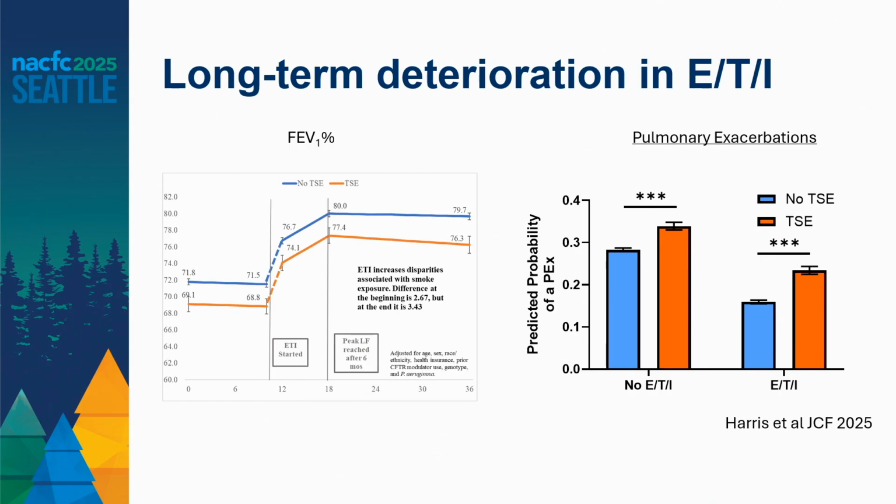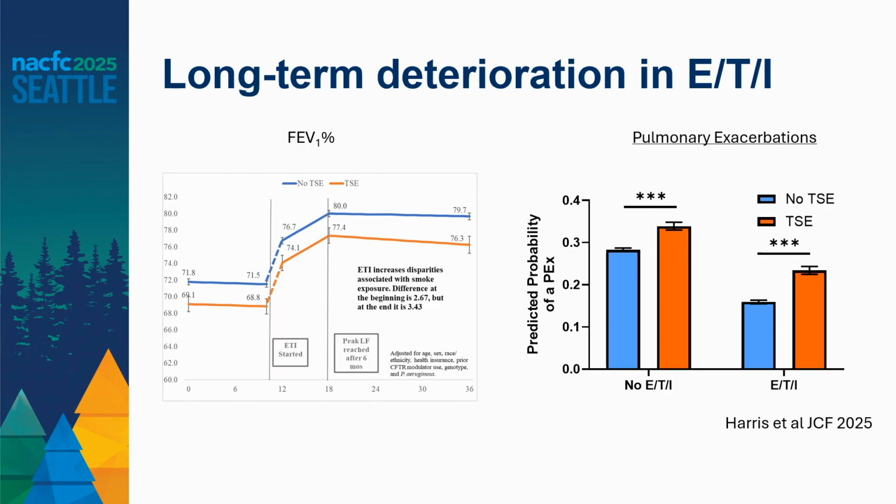Now, recently we've studied the consequence of smoke exposure on ETI, and we saw similar effects, but an interesting long-term or longitudinal change. So coming in pre-ETI, we see again about a 3% or 2.7% difference between smoke exposed and unexposed, and then with a 0.03% monthly change.